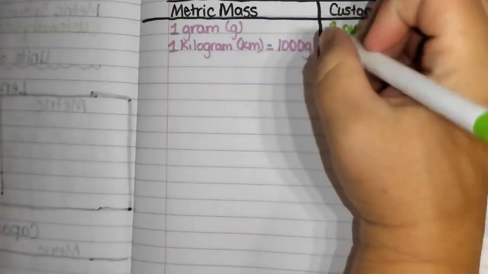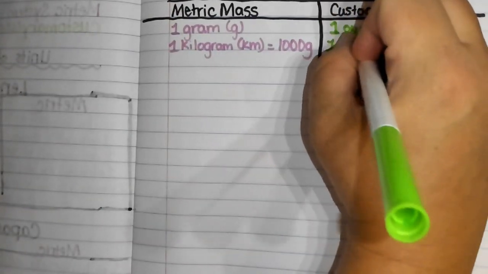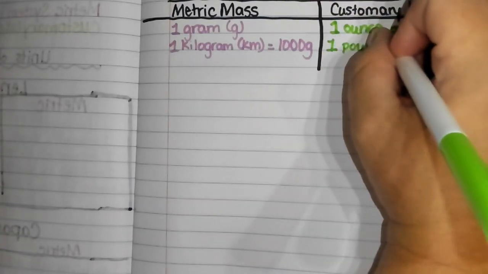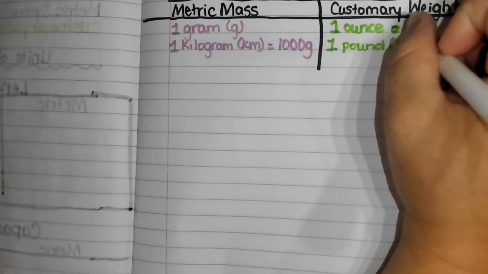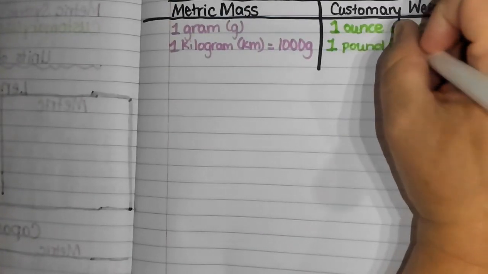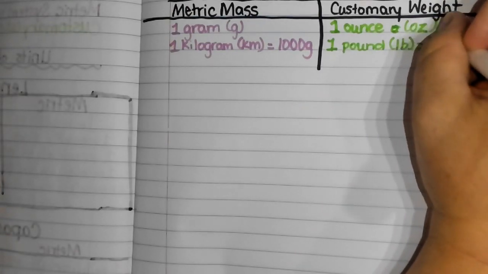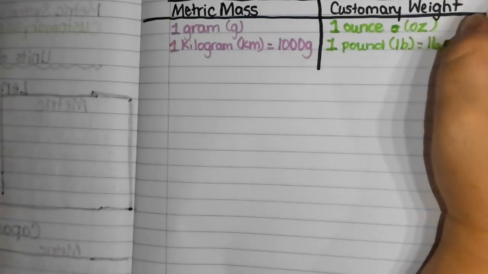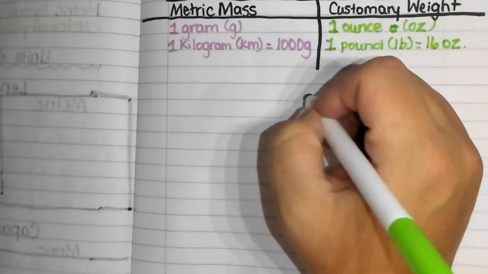Okay, next up we have 1 pound. To abbreviate pound, you use the letters lowercase l, lowercase b. And 1 pound is the equivalent of 16 ounces. Next up for customary weight, we go on from pounds.